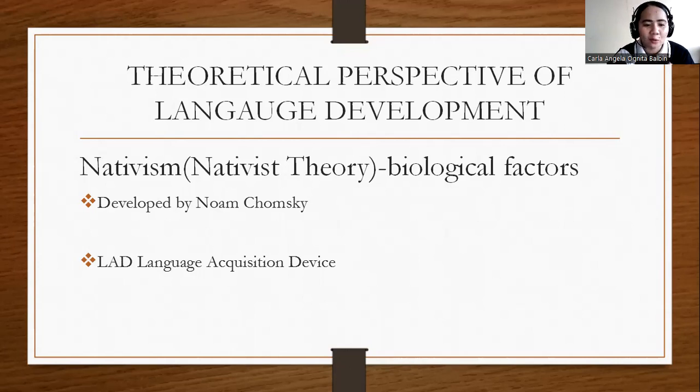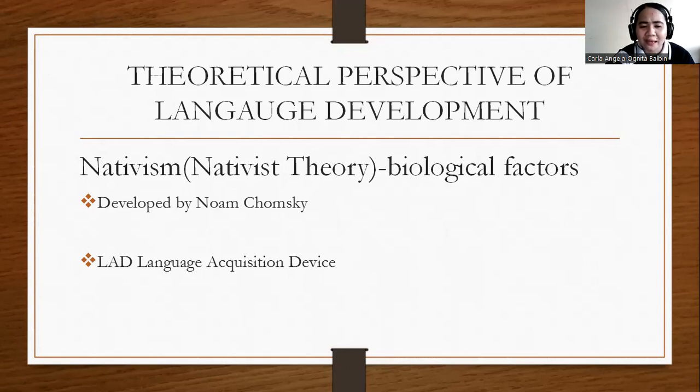Okay. So what's the role of the LAD or the language acquisition device in his theory? The LAD, or language acquisition device, is actually a theoretical area of the brain that somehow explains how children learn language so quickly. So meaning to say, if you were to take a look inside a person's brain, you would not see a section labeled LAD.